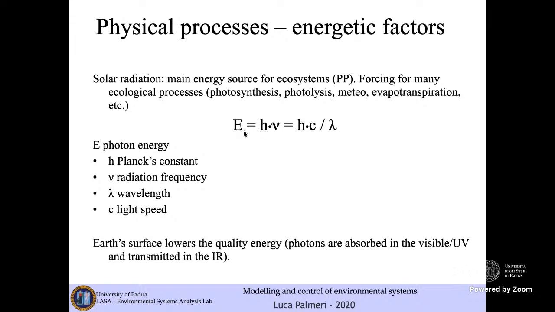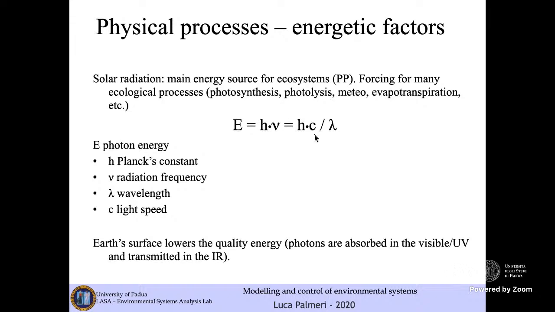So the energy of a photon is equal to Planck's constant h times the frequency of the photon, but by employing the dispersion relationship that links the frequency with the wavelength through the speed of light c, we obtain that the energy of a photon is equal to h, Planck's constant, times the speed of light c, divided by the photon wavelength.